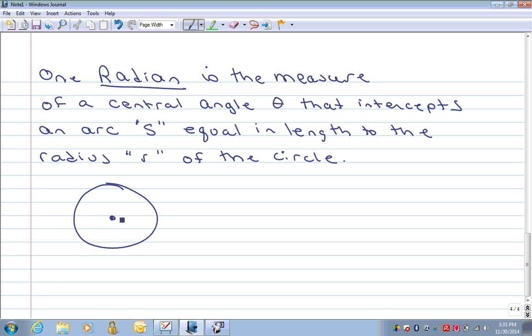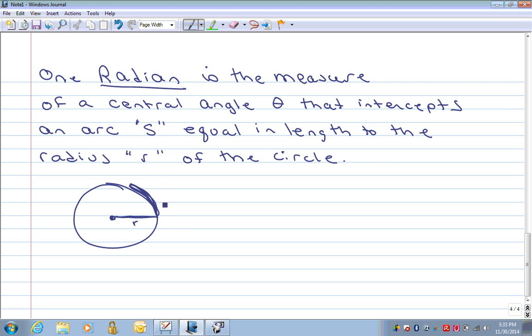So if this is the radius of my circle, and I rotated along the outside of the circle that same distance, the distance of the radius, let's say that is r, and I didn't do a very good job on here, sorry about that.